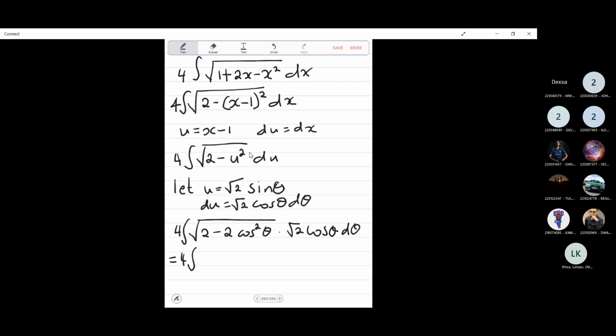This is 4. And then 2, then 1 minus cos squared of theta, that will be sine squared theta. Then we have sine theta cos theta.